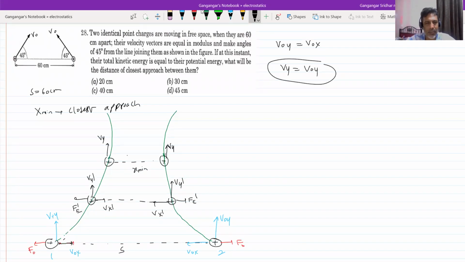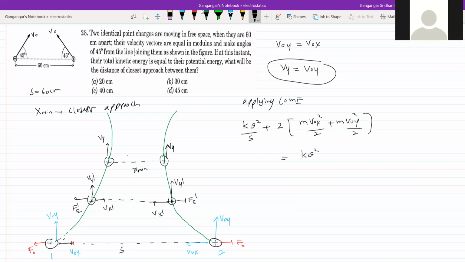Can you apply conservation of mechanical energy? Yes. Applying conservation of mechanical energy: initial electrostatic potential energy, Kq square by S, plus kinetic energy, 2 into half m V naught x whole square plus half m V naught y whole square, is equal to finally Kq square by x minimum, interaction potential energy, plus 2 into half m Vy square.